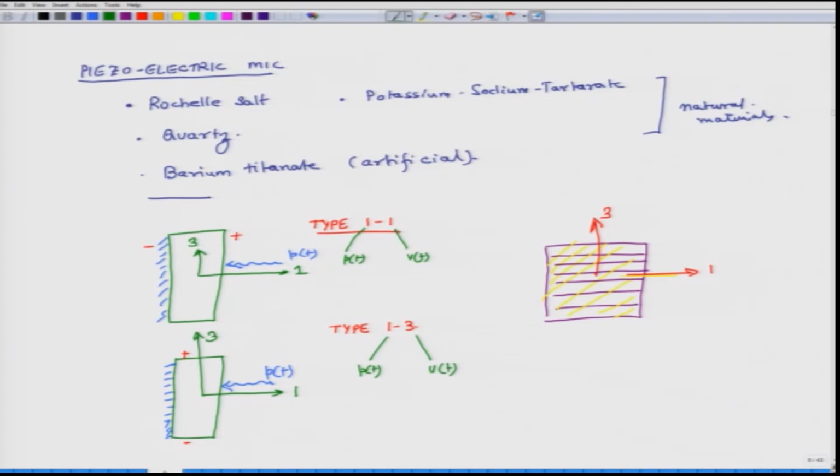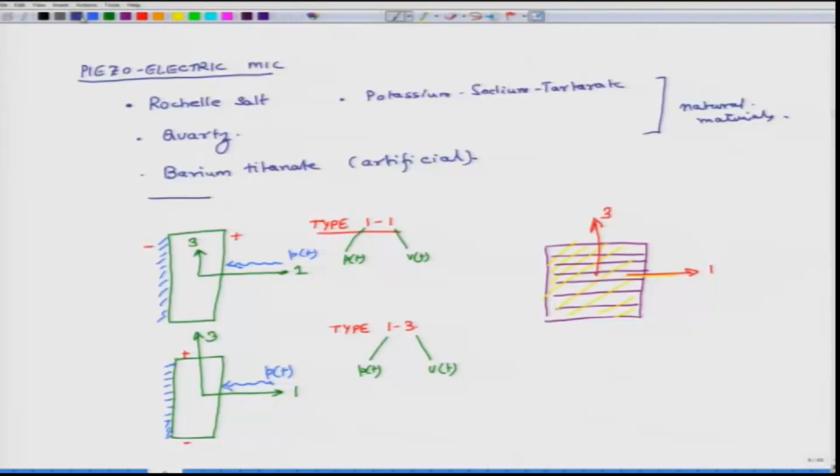So, you can have different types of piezoelectric crystals, 1 1 and 1 3. These are the two categories, and based on this lots of different types of microphones have been developed. A couple of important things about these microphones. One is, because these are solids, they can take very large pressures.